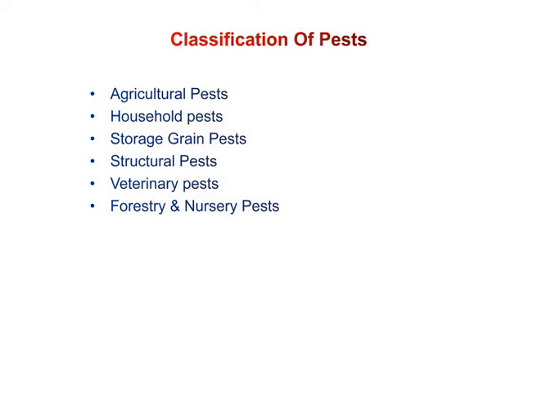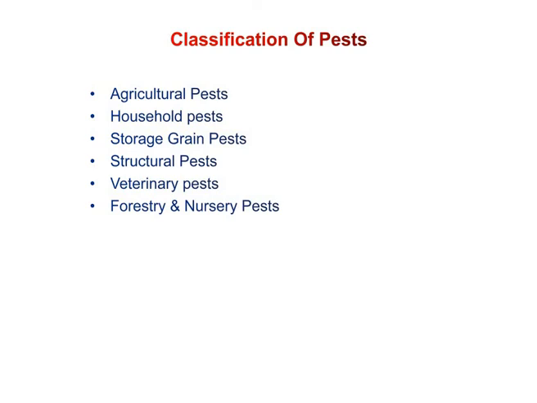Based on the host which they affect, pests are classified, such as agricultural pests, which can damage plants or crops such as jowar, bajra, wheat, cotton, sugarcane, and different vegetables such as cabbage, potatoes, and so on.